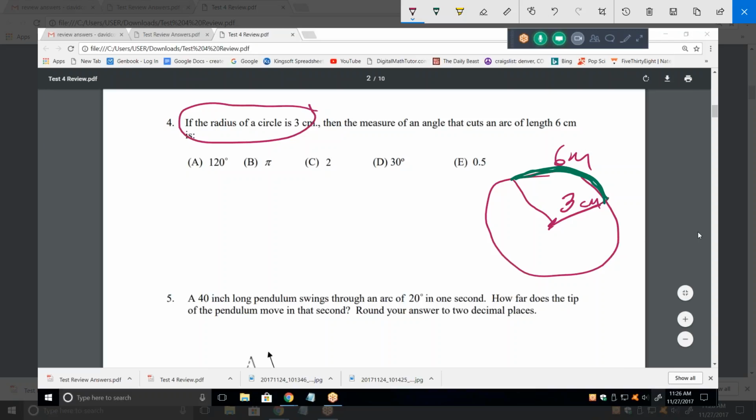I don't know. Okay. Well, let's examine a similar situation where you have a radius that cuts an arc of 360 degrees, right? So what is the circumference of that? What is the measurement of that arc? The arc that is the entire circumference. 360 degrees.